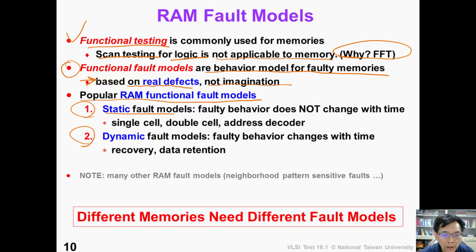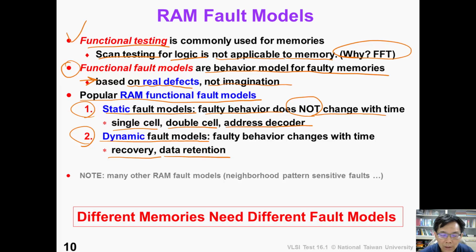The static fault models include single cell fault model, double cell fault model, address decoder fault model, etc. They are called static because their faulty behavior does not change with time. The second category is dynamic fault model, which includes recovery fault or data retention fault.